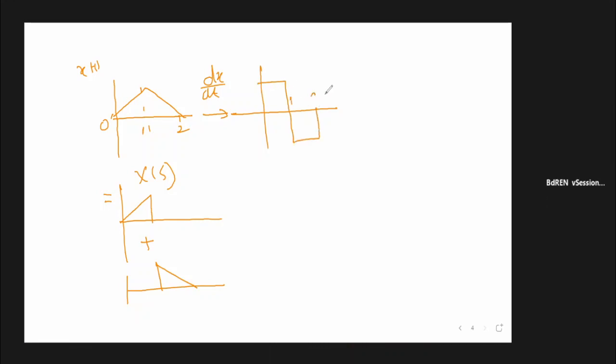Yes, sir. Then you can take the Laplace transform of this function, then use the integral property to go back. So you try to solve this problem for this RC network. This is left to you to be done.